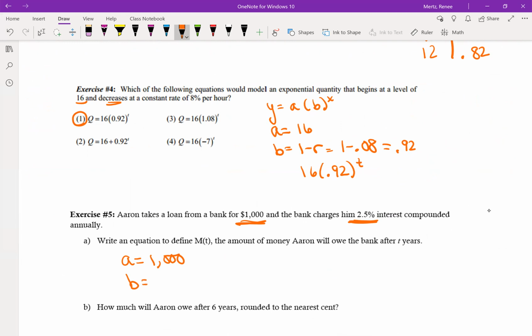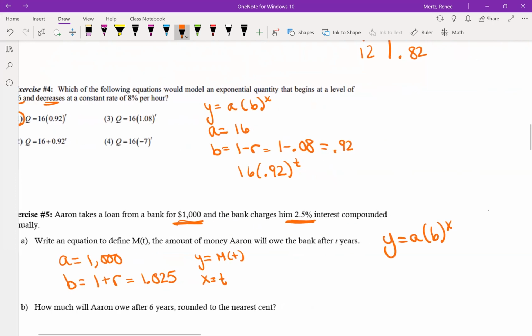It's increasing because of the interest that he has to pay. So 1 plus the rate is 1.025. Y equals M of t, x equals t. So we're plugging into this. Y, we said, was M of t equals 1,000 times 1.025 to the t power.